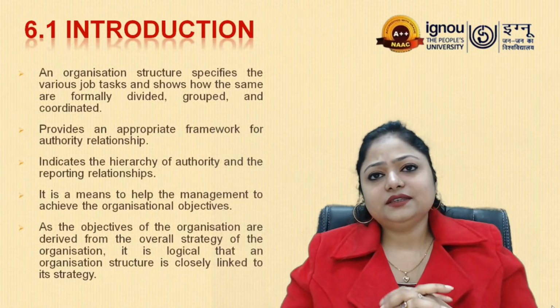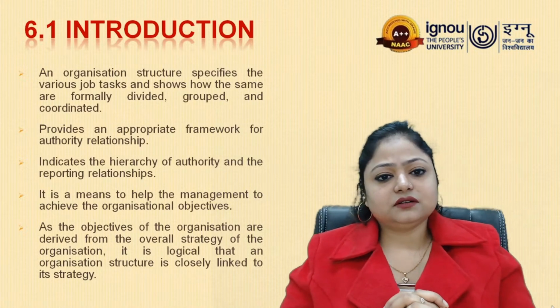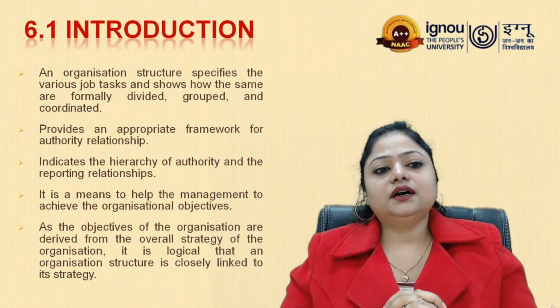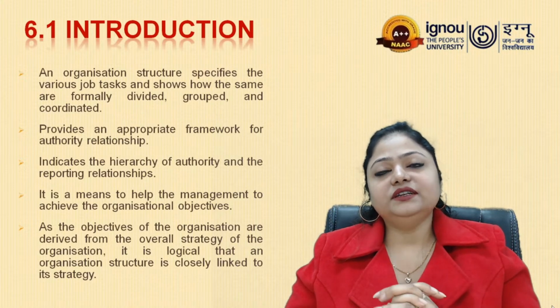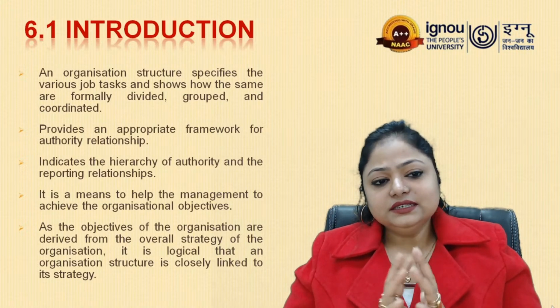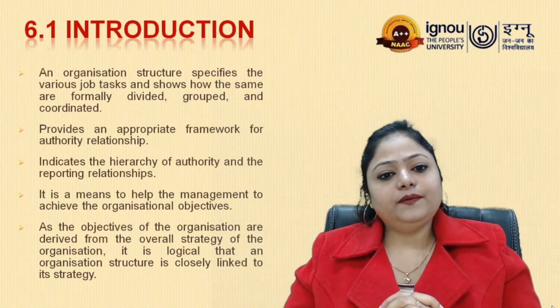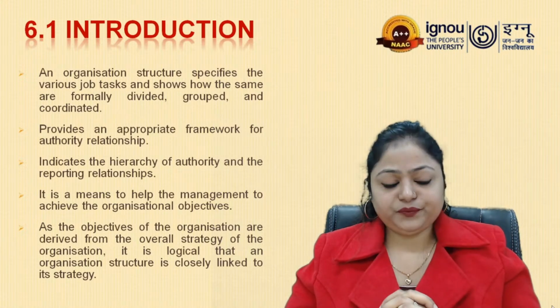So, looking at the background, the organizational structure specifies the various jobs and tasks and shows how they are formally divided, grouped, and coordinated. This design provides an appropriate framework for authority and responsibility relationships.